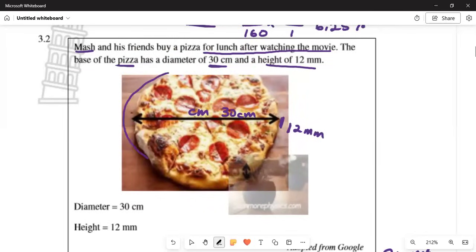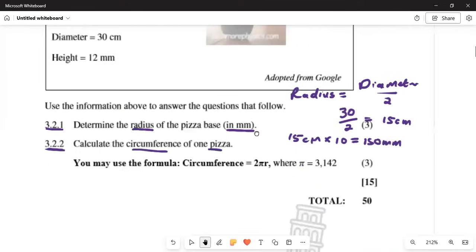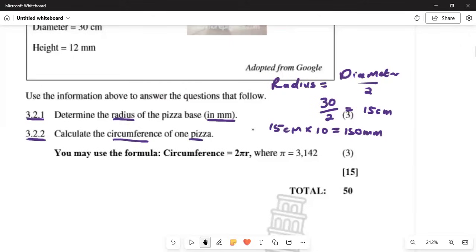You can see it is an oval shape up until this point. That is the circumference. All right. Then, moving on, we are given the formula. The circumference is 2 pi r, where pi is 3.142.